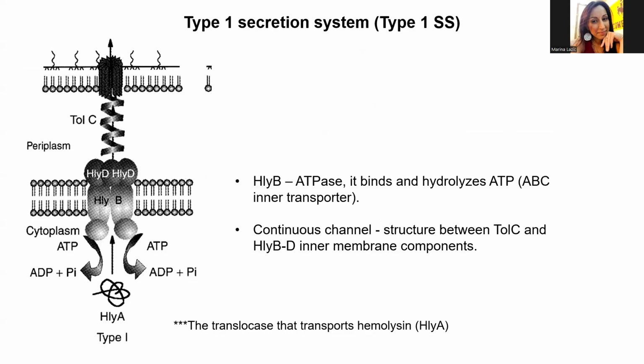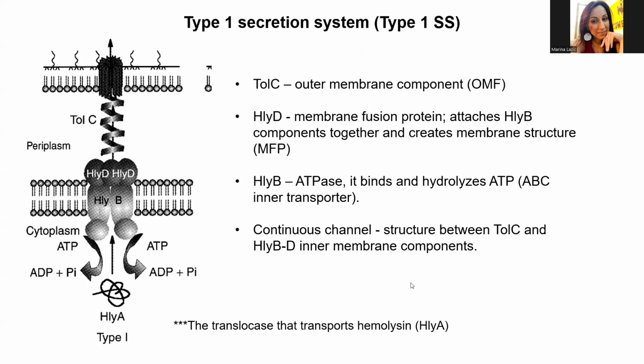The first example for type 1 secretion system that we will cover is hemolysin transport. What this system does, as the name says, is transport the toxin hemolysin through the membrane. It has the HlyB, HlyD system, and it has TolC.